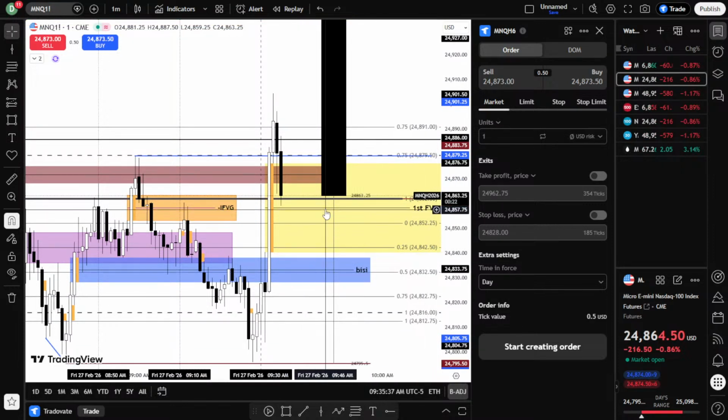Okay, it is coming down towards the midpoint of that first presented fair value gap.